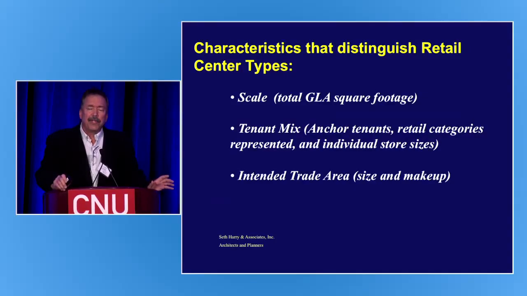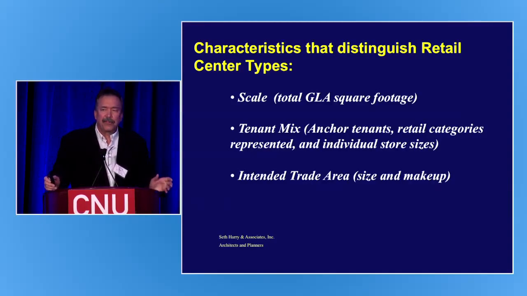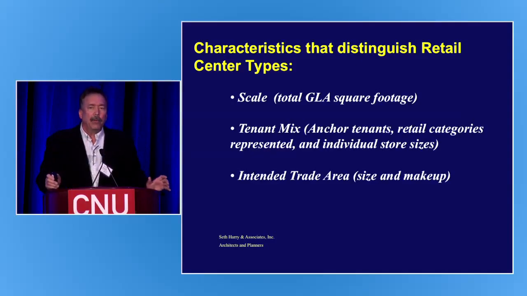All three of those things are related to the size of the consumer market that you're attempting to capture. And all of these are really shaped by basically the shopping trip.